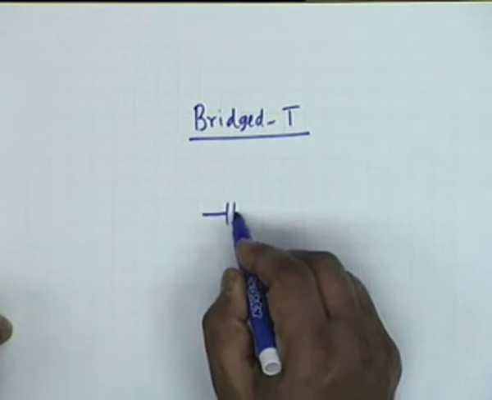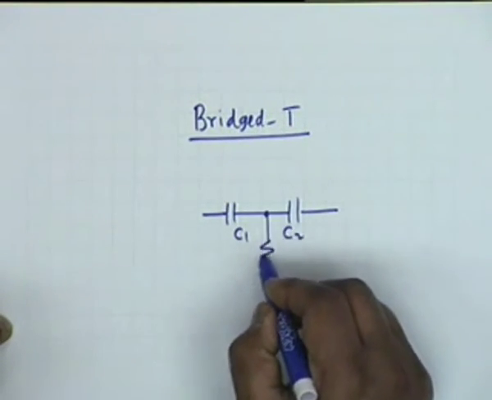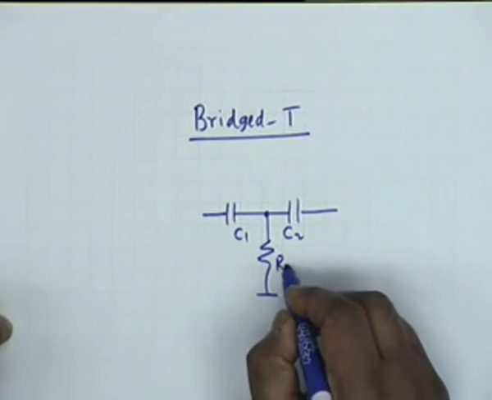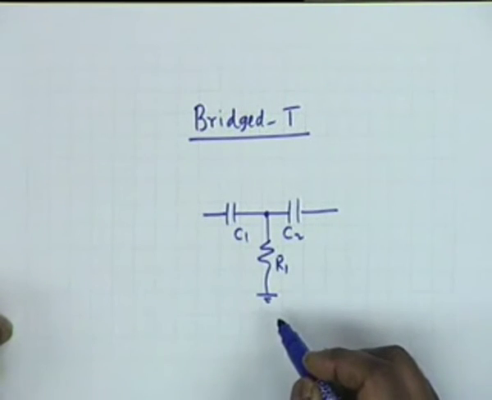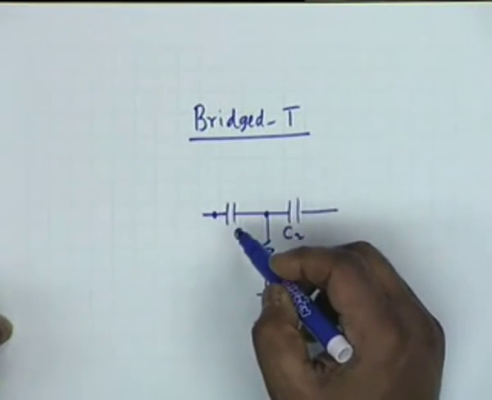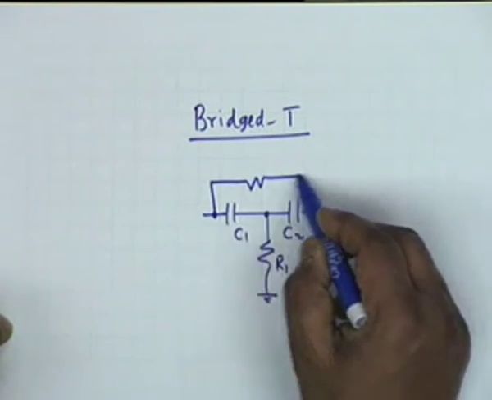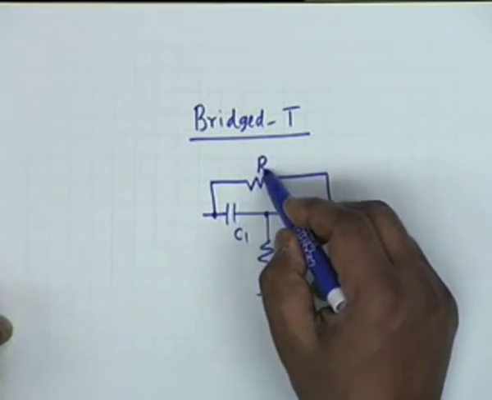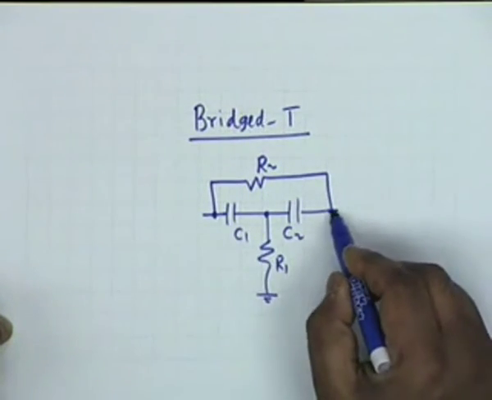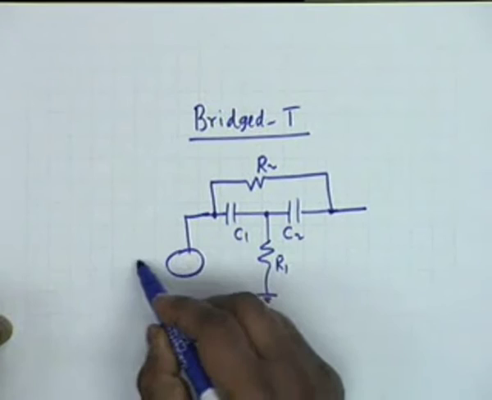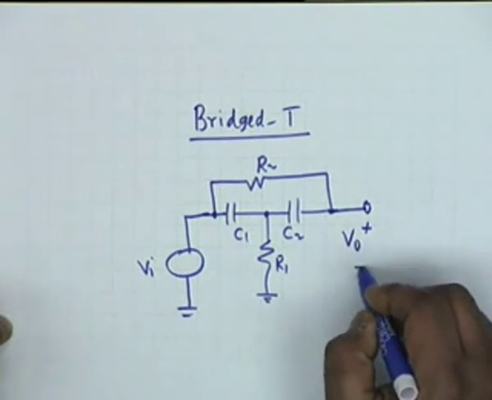There are two capacitors C1 and C2, then there is a resistance here, let us say R1. This looks like a T, and then you have a bridge across the T. It's a flyover, a resistance R2. Your input is here, Vi, and your output is here, V0.